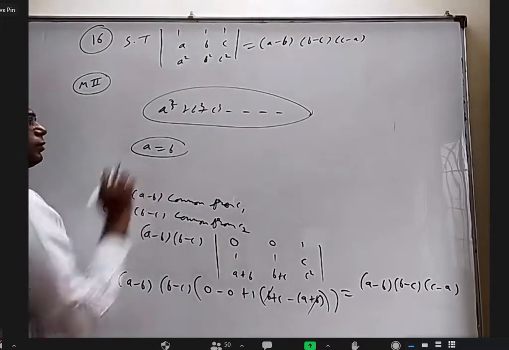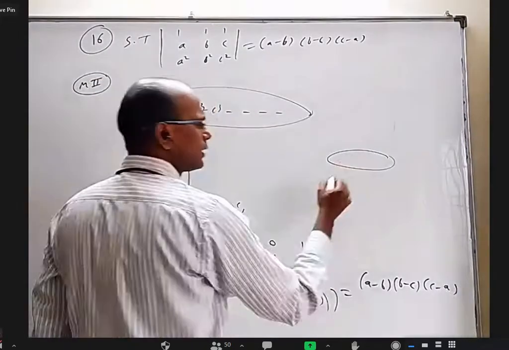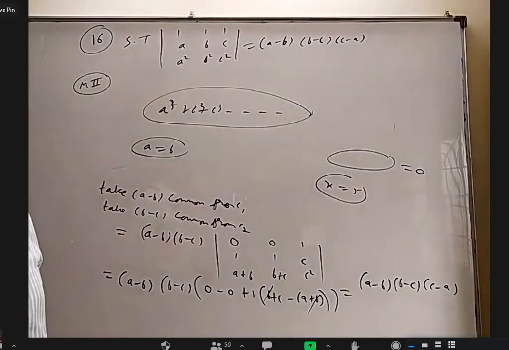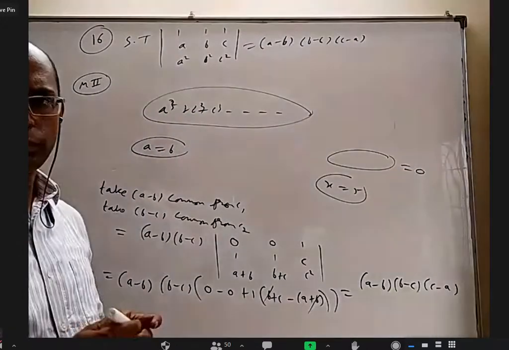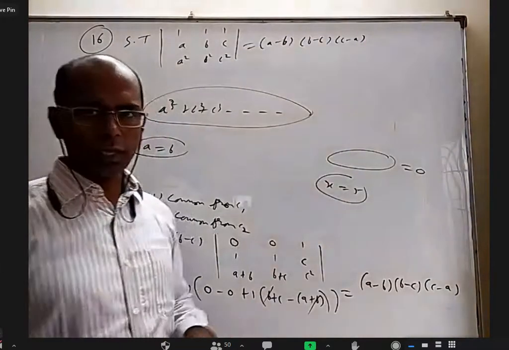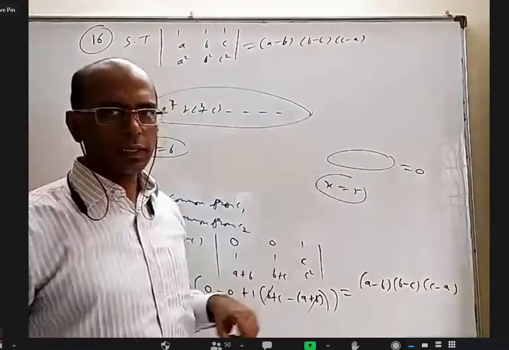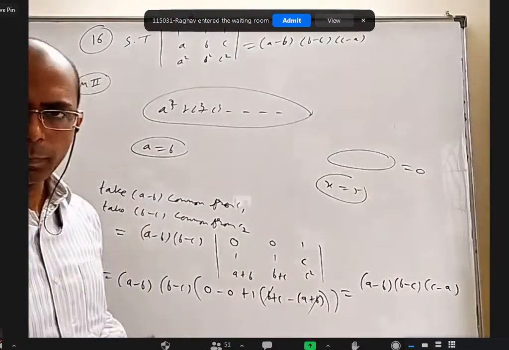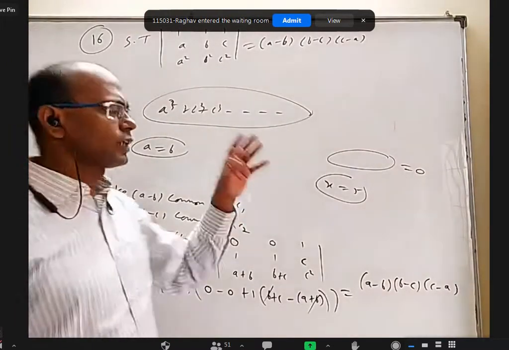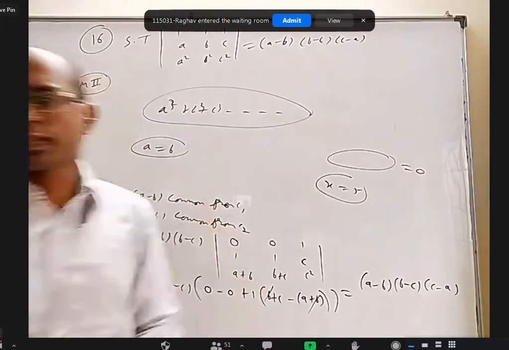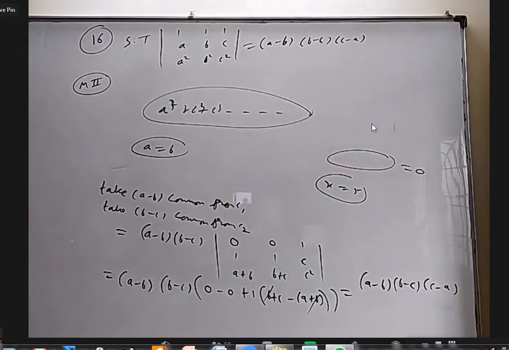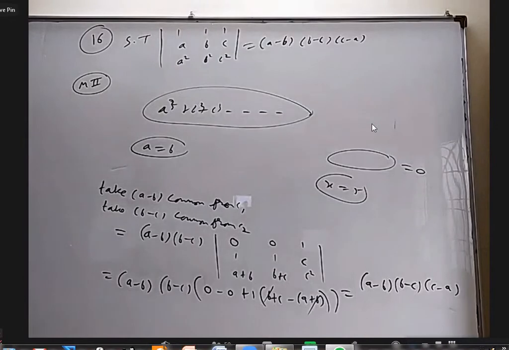For example, in a polynomial, if I put x equal to 5 and it became 0, what does it mean? 5 is a zero of that polynomial, so x minus 5 is a factor of it, or it is divisible by x minus 5. So in a polynomial f of x, if you substitute x equal to k and it becomes 0, you can say x minus k is a factor of that.